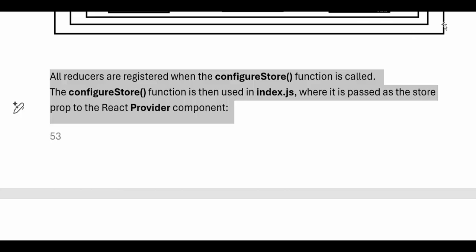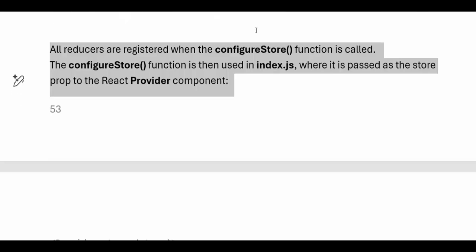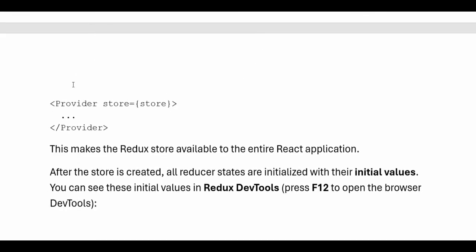And the configureStore function is then used in index.js. But configureStore is not used there; it is used only and only in store.js. In store.js we have a constant store. Here in index.js it is Provider, and the store prop equals the store object.